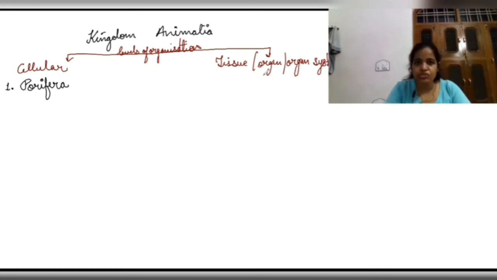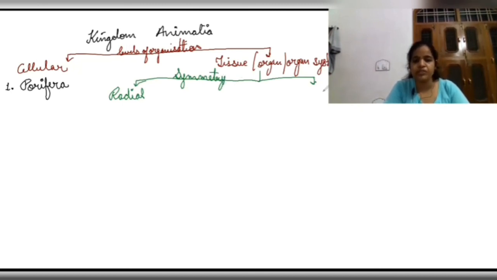Coming to this tissue organ system level of organization, they are further classified on the basis of symmetry. On the basis of symmetry, again we have got two groups. First one is radial symmetry. If you learn this diagram, these points can be easily recalled in the exams. You won't have to do extra work for this classification.